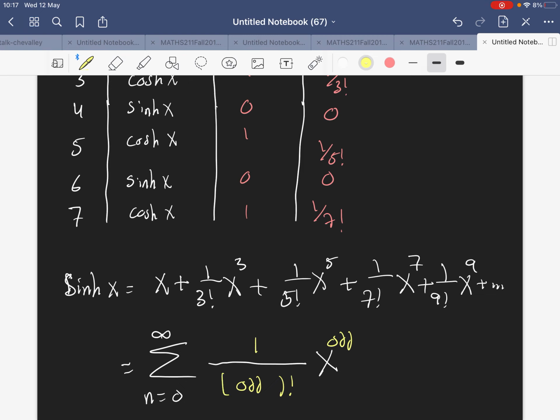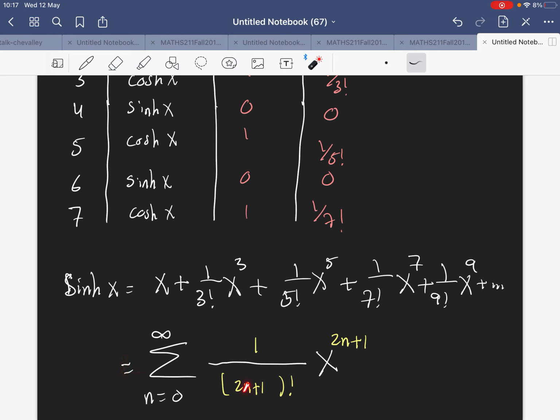This is what we get. Now, how do you write the odd in terms of general n? The odd is 2n plus 1. And if you don't believe me, check a few values of n and see if you get this one. Expand this one and check, do we get this one back?